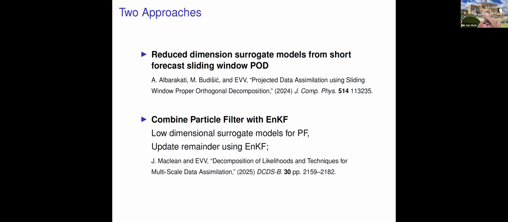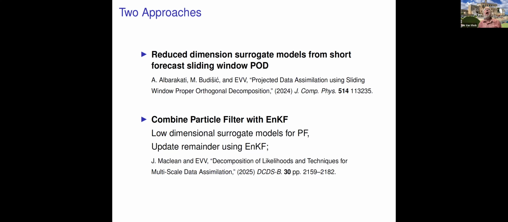So a couple of recent works, and probably unsurprisingly, these both came out of associations with MCRN. In the first problem here, we use reduced dimensional surrogate models that we obtain from short forecast sliding window POD.